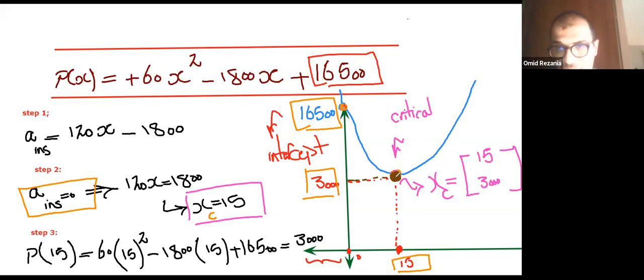You see, the lowest amount is just 3,000. Then we say that the critical point, x_c, is essentially the x minimum, or x min. Min stands for the minimum. That's going to be the lowest amount. Also, any point where the slope of the tangent line, the instantaneous rate of change, is negative and then suddenly becomes positive, that point represents the minimum.